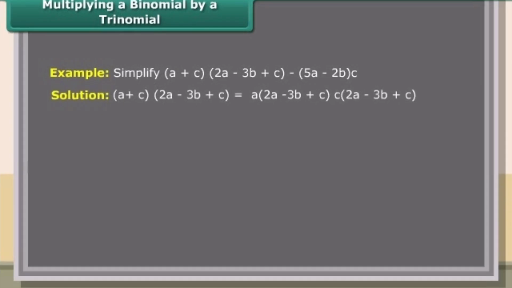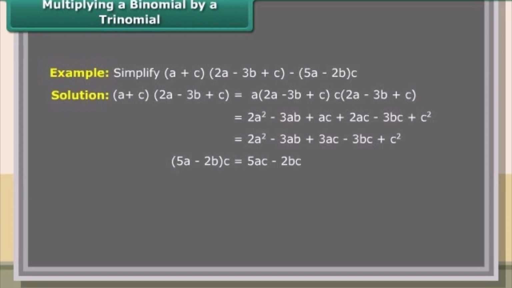Solution: (a plus c) into (2a minus 3b plus c) is equal to a into (2a minus 3b plus c) plus c into (2a minus 3b plus c), which is equal to 2a squared minus 3ab plus ac plus 2ac minus 3bc plus c squared, which equals 2a squared minus 3ab plus 3ac minus 3bc plus c squared.